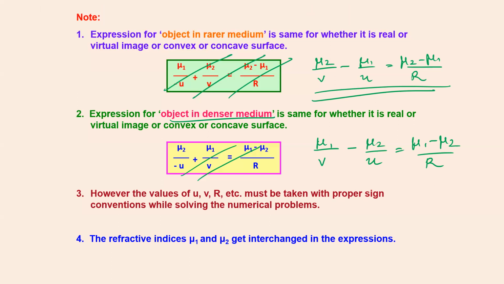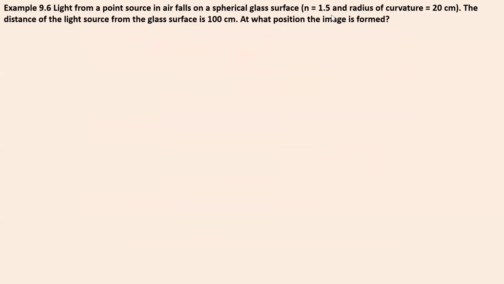So that's it for the class, and I guess the next example is related to this only. So let us do one example, because this is directly from the textbook, and we are going to use this funda only. Light from a point source falls on a spherical glass surface, and n is given 1.5.